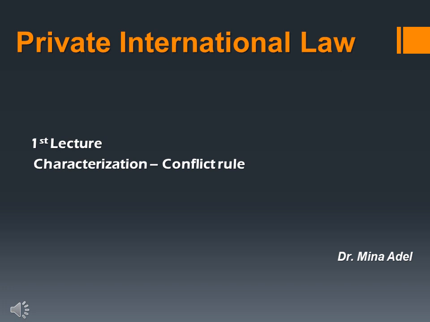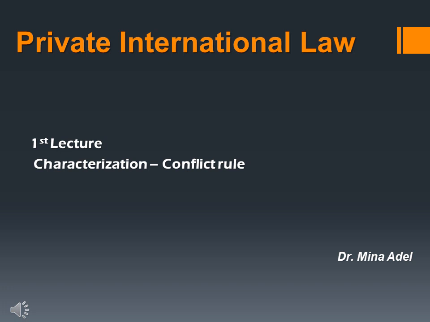According to Article 10, and I will read the article in English, of course: Egyptian law will rule to determine the nature of a legal relationship in order to ascertain the law applicable in the event of a conflict between various laws in any particular suit.